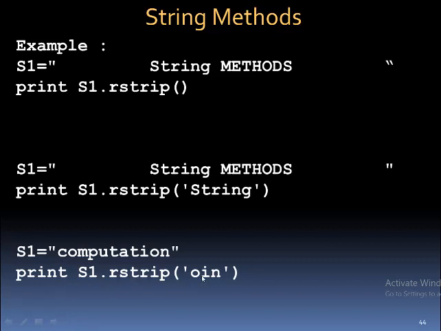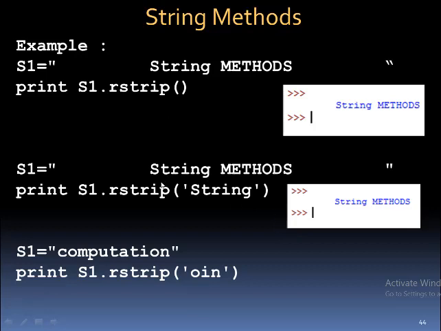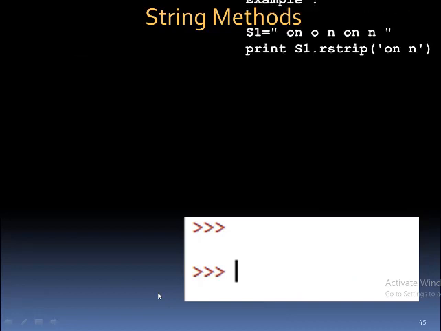Next, s1.rstrip OIN. Now see on the right hand side, these three alphabets OIN or their combinations are there. So this part will be removed. Nothing will be removed for the first one, and here also nothing will be removed. Here OIN, you have ION, so it will be removed and you will get only this.